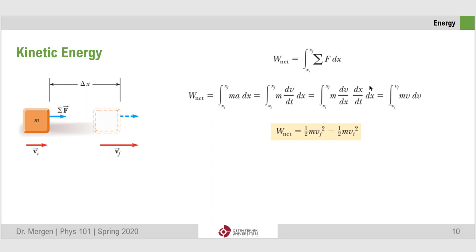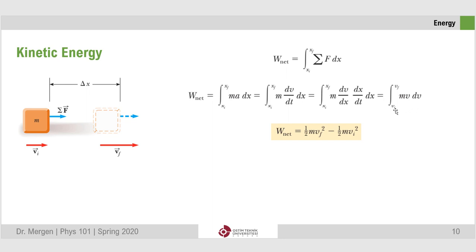But we are doing this manipulation to be able to calculate the kinetic energy in terms of the velocity. So here this term is equal to velocity, and those dx's will cancel out, and we will end up with m times velocity times dv, right here.